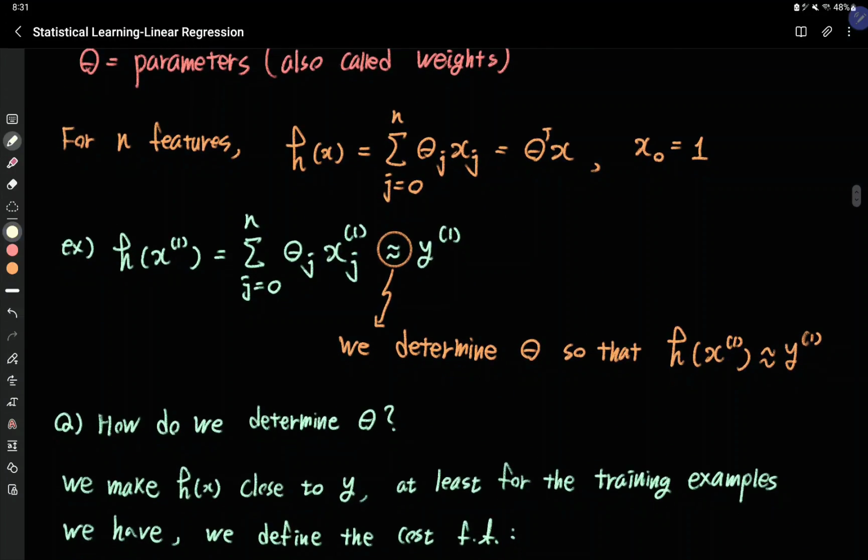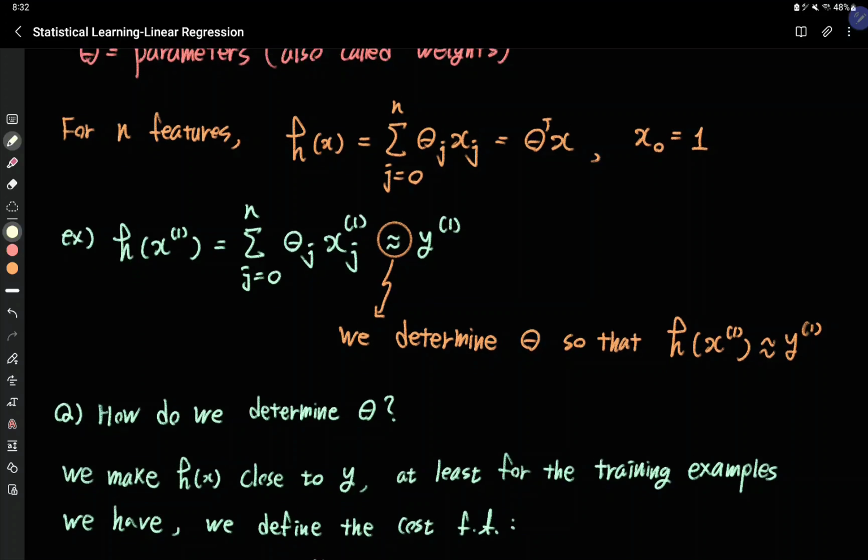Here's an example. h of x superscript 1: what does superscript 1 mean? This is the first training example. We input the first training example into the hypothesis, and then we get this, which is the approximation of the first target value.